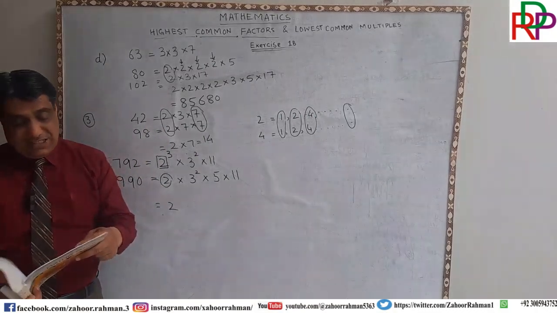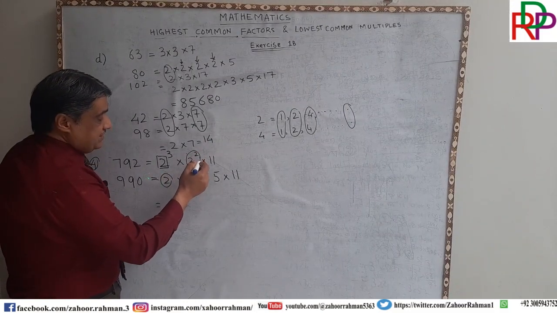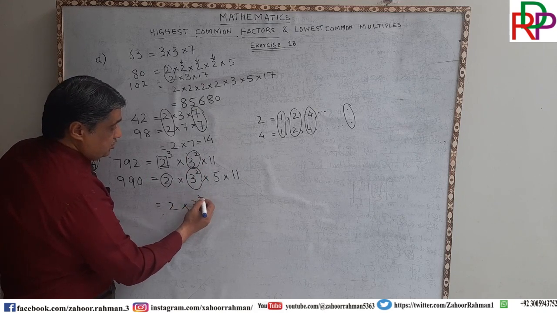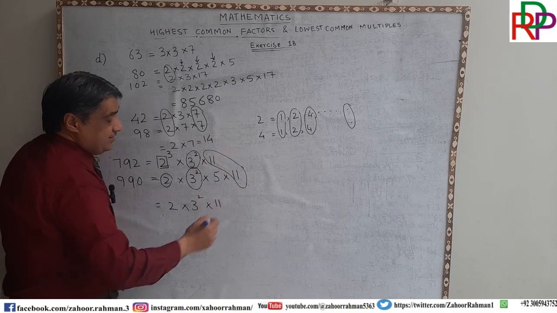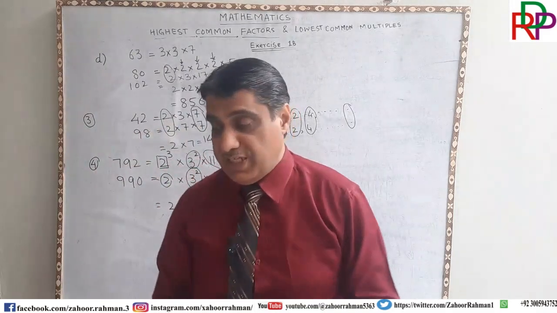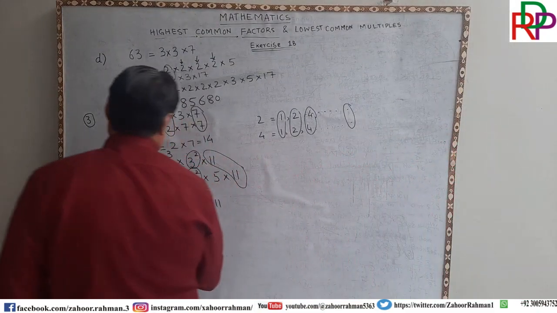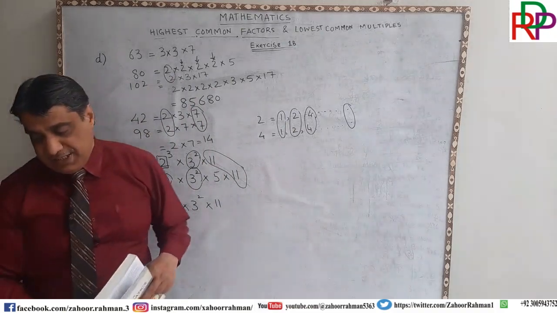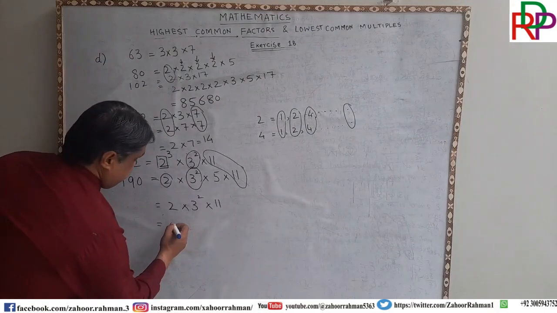And 3 raised to the power 2 means two 3s here and two 3s there. So 3 raised to the power 2 and 11 are the common factors. When I calculated this on the calculator, it came out to be 198.